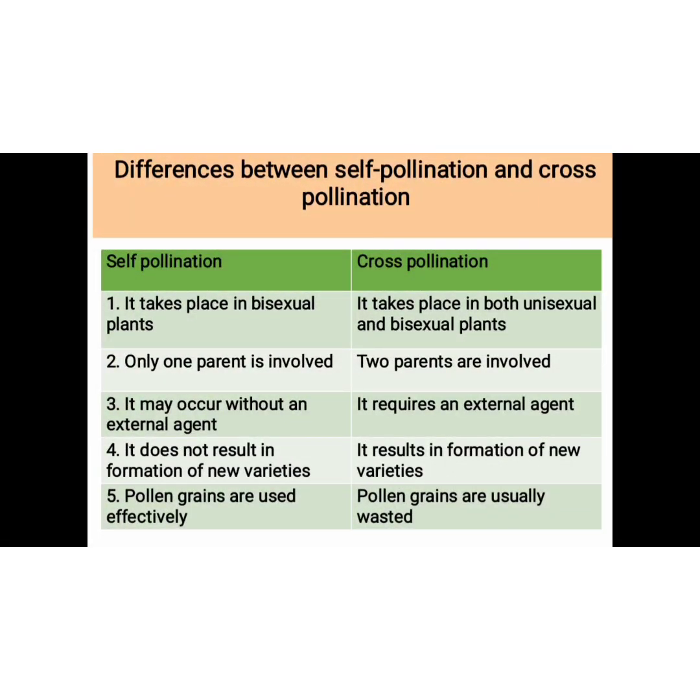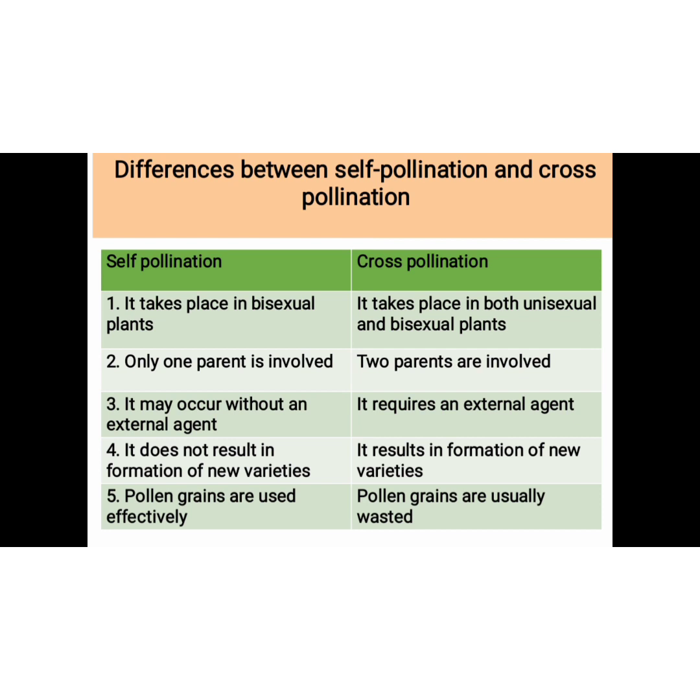Now let's look at the differences between self-pollination and cross-pollination. In self-pollination, this takes place in bisexual plants, while cross-pollination takes place in both unisexual and bisexual plants.